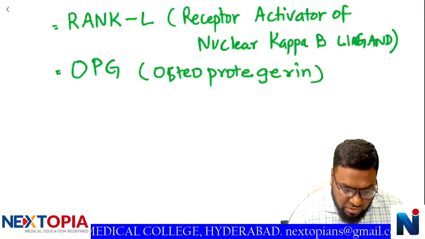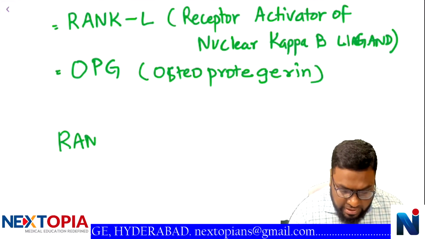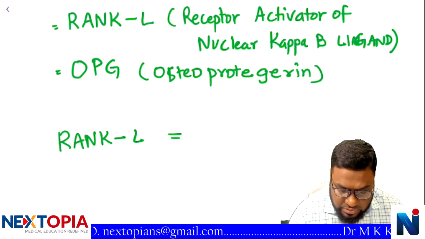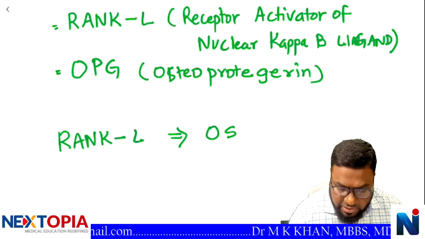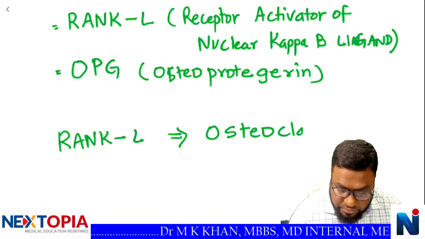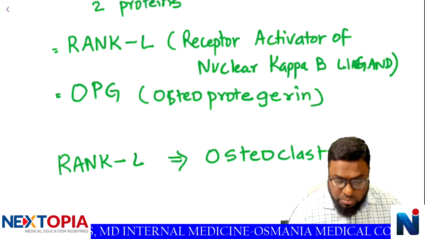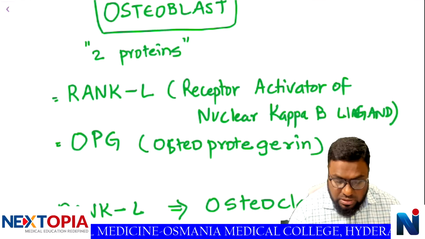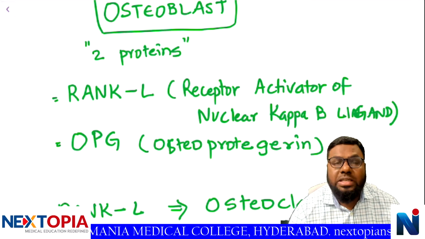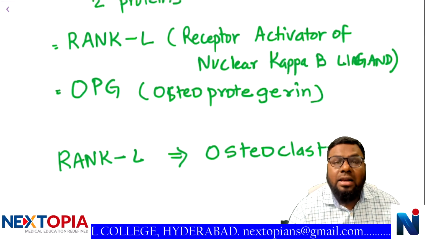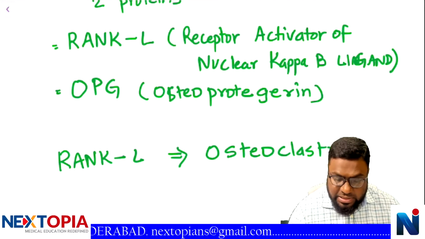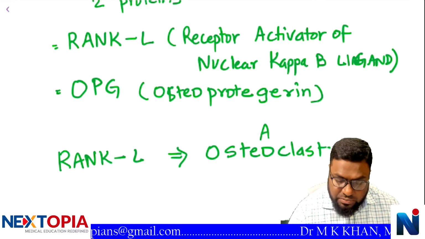So what is the activity of RANK L? The RANK L stimulates or activates osteoclast. Yes, you have heard it right. Osteoblast has two proteins. One is RANK L, one is OPG. The RANK L, the overall effect is it activates osteoclast.